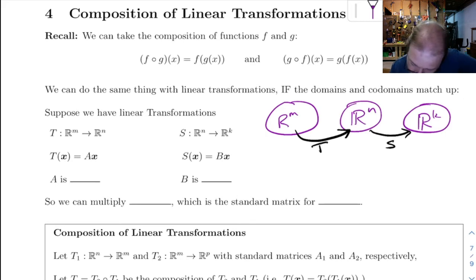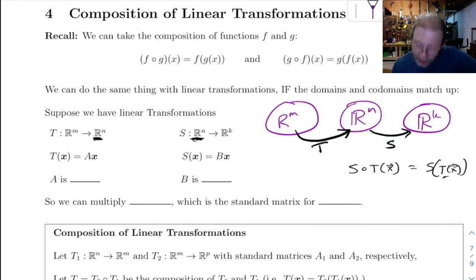So what we could do is S of T of X. The output of T becomes the input of S, but it doesn't work the other way around.